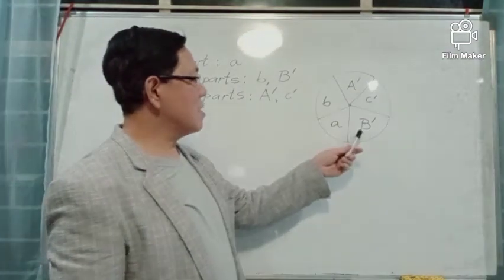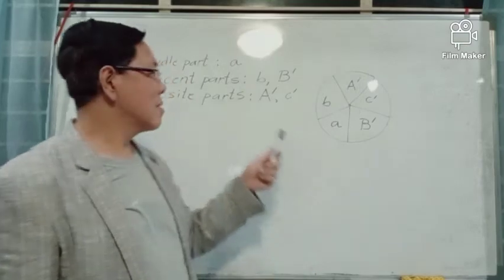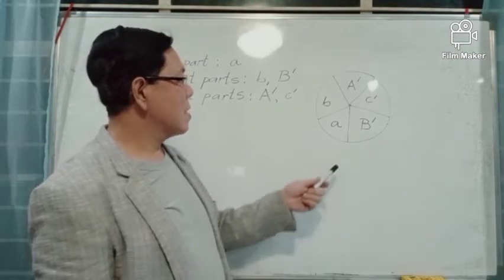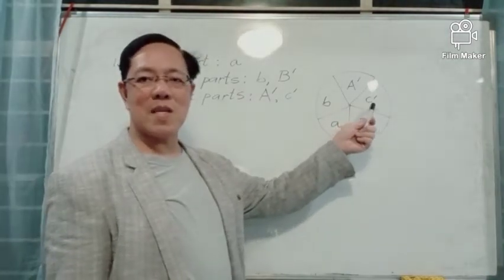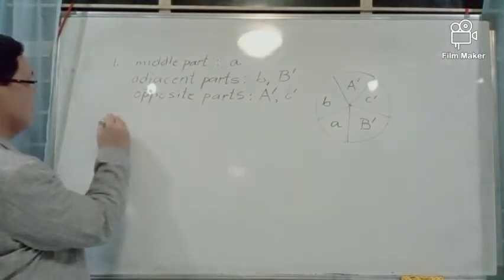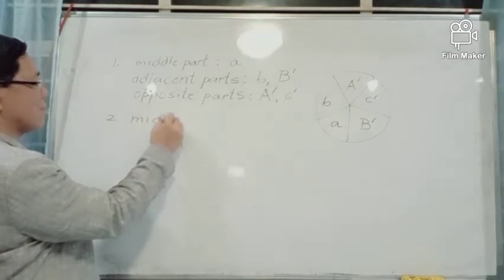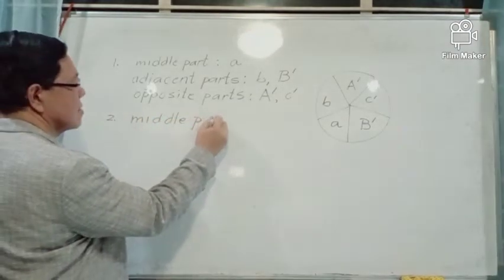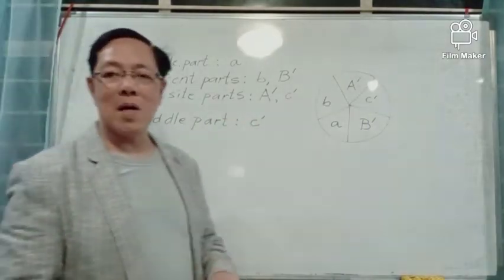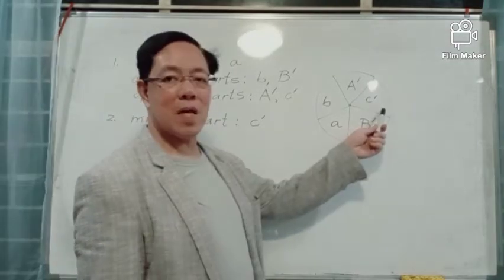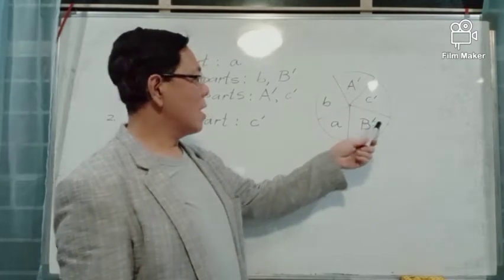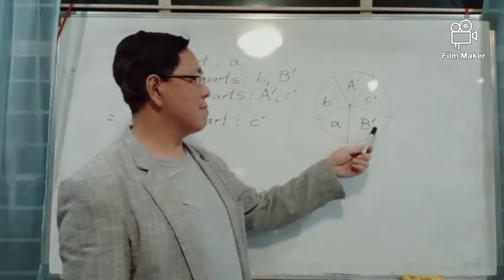If you take a different middle part, the adjacent parts and the opposite parts will change. Example, you take a small c prime or complement of C as the middle part. If you take the middle part as a small c prime, the parts that are immediately next to c prime are complement of A or A prime and complement of B or B prime.